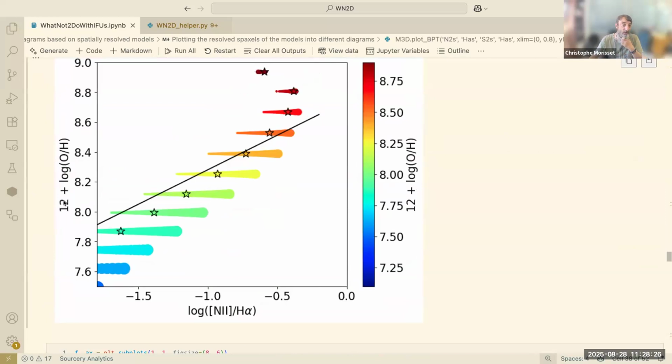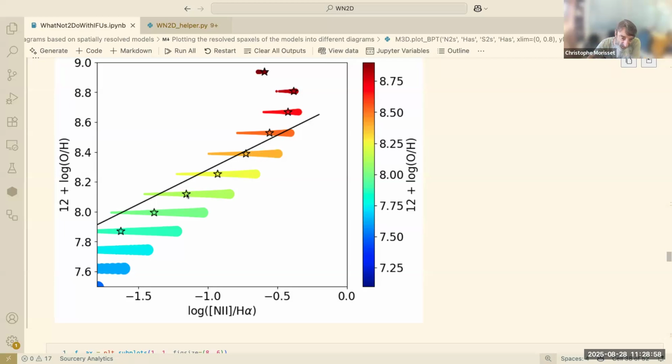It's increasing: metallicity is increasing with N2 over H alpha increasing. That's logical because I told you since the beginning that log U is decreasing with abundances. So if log U is decreasing, the low ionization lines are increasing, so N2 is increasing. But it's increasing because you take the whole nebula into account.